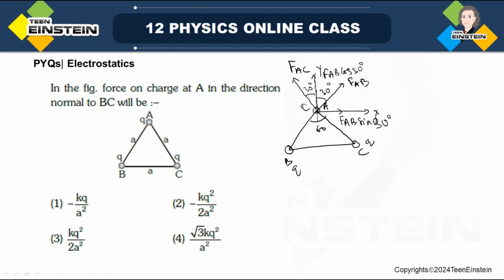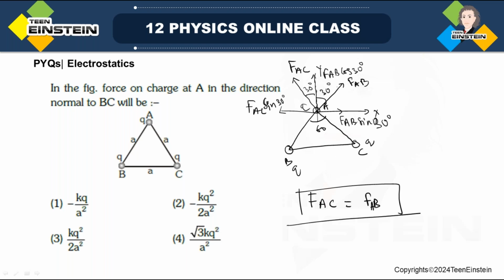Similarly, due to this C charge, there will be a component along this way and along the vertical direction. So this FAC is sine 30 degrees. By magnitude, FAC and FAB are the same, so these two components will be balancing each other.